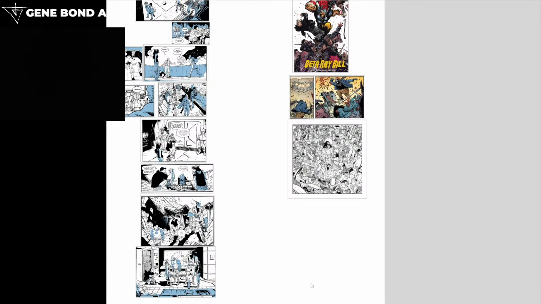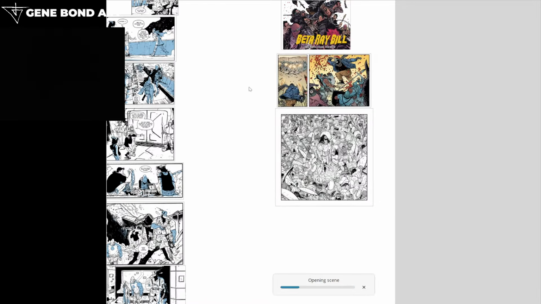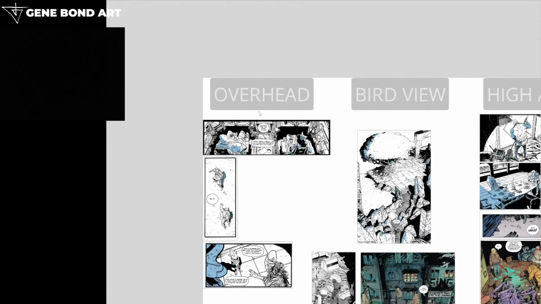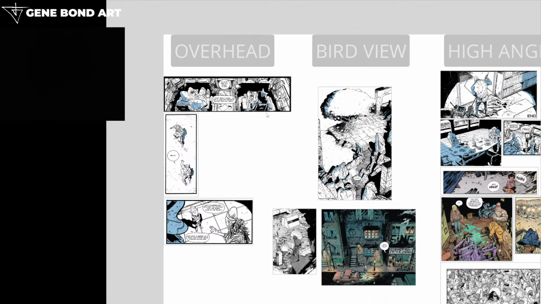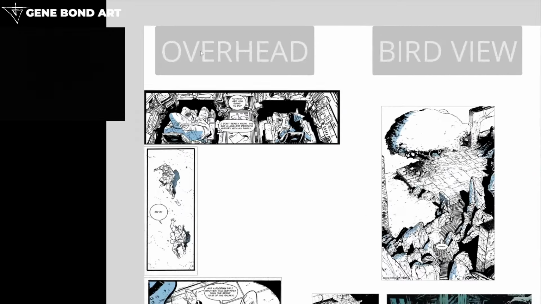And then I have other examples. So with Daniel Warren Johnson, I organize these frames, but by camera angle.